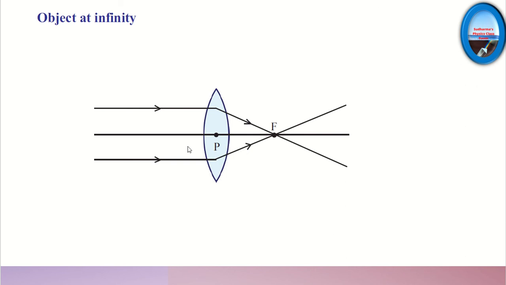So we can say that the rays are really meeting. So the image formed is real. How do we know that it is real? Because the rays are converging, they are meeting at a point. All the real images are inverted. Okay, real, inverted, and it is formed at the focus. Image is formed at the focus.